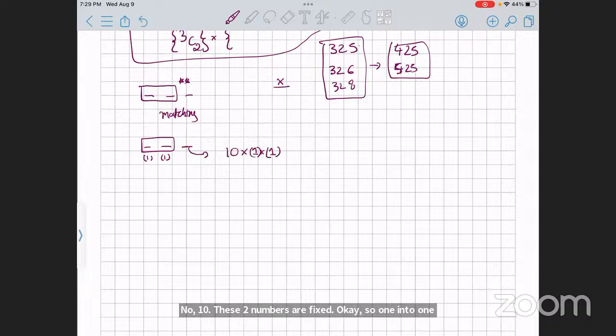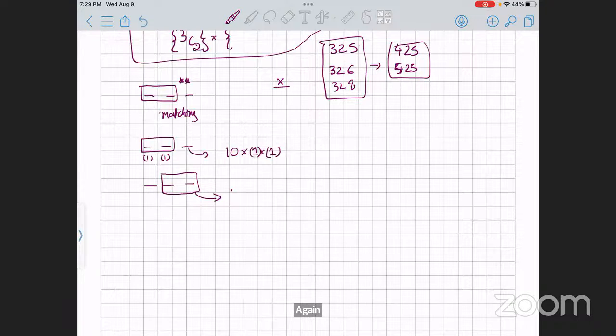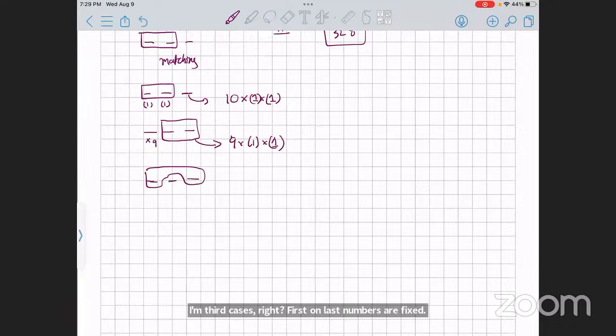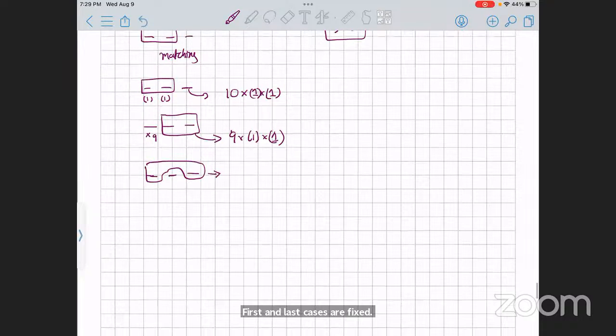And the second case is like second. Here it can only take 9. So 9 into 1 into 1. And the third case is like first and last numbers are fixed. So here the possibilities are 10, 10 into 1 into 1.